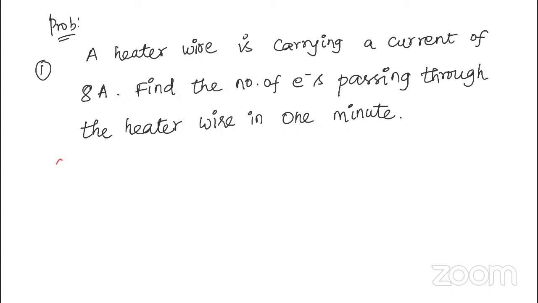What are all the given values? I is equal to 8 ampere and T is equal to the time for the number of electrons passing through the heater in 1 minute. So it is 1 minute.